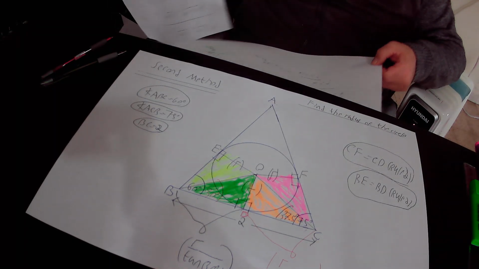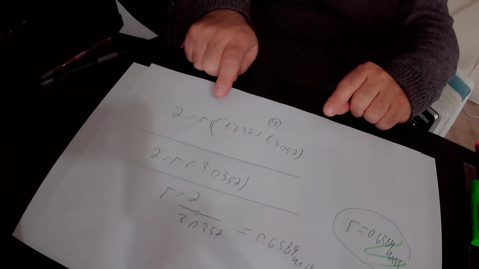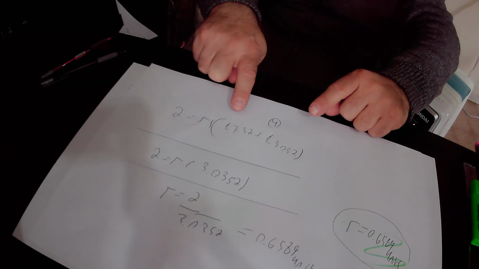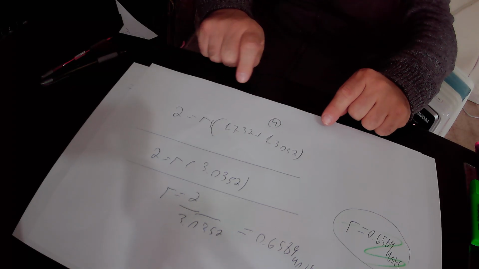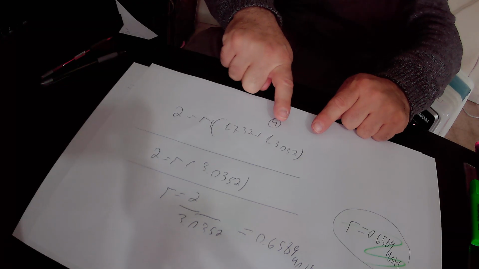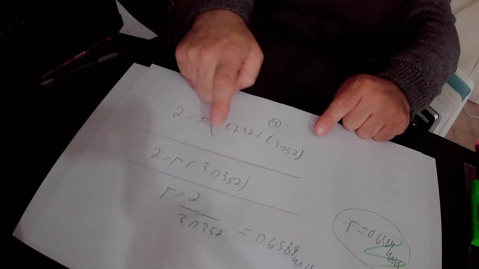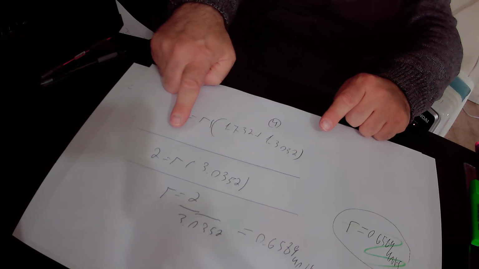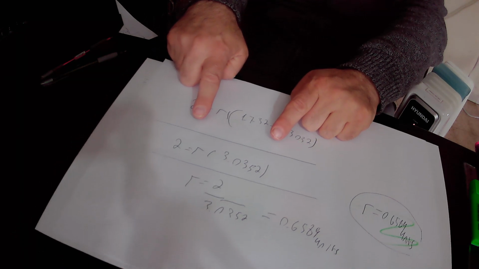So 2 equals R times (1.732 plus 1.3032). 1.732 plus 1.3032 equals 3.0352. So 2 equals R times 3.0352.